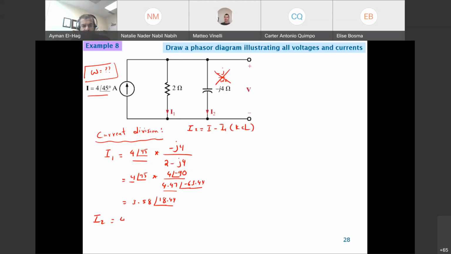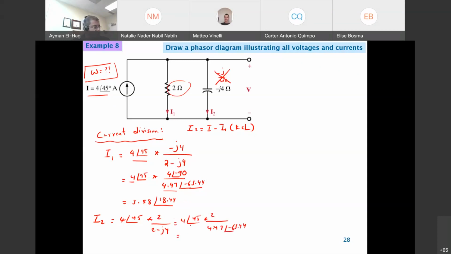So this will be equal to 4 angle of 45 times the other impedance, which is the 2, divided by 2 minus J4, which we know is 4.47 angle of minus 63.44.